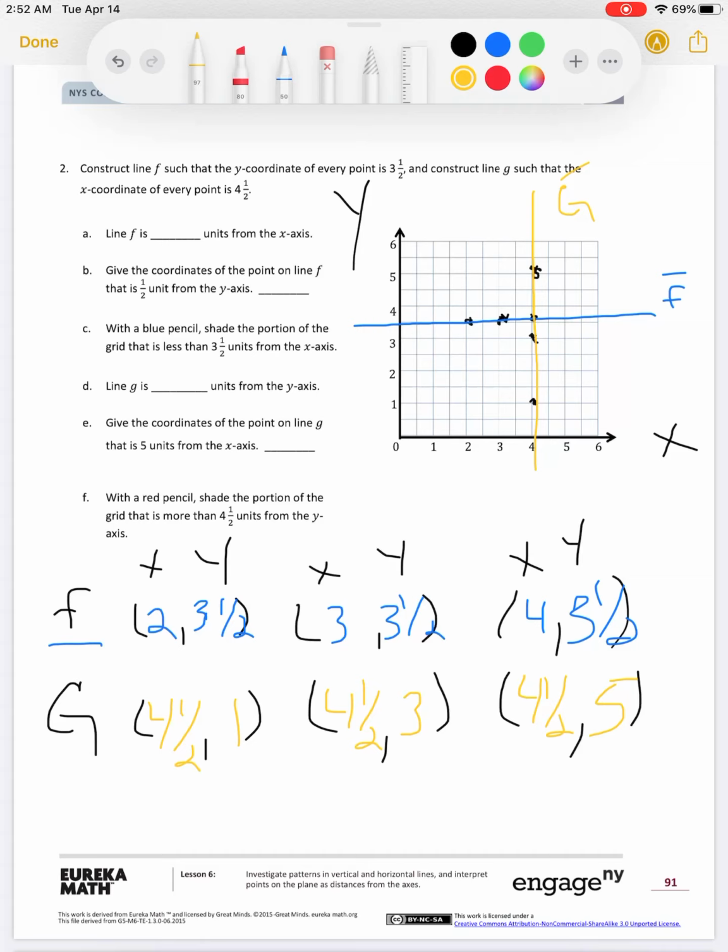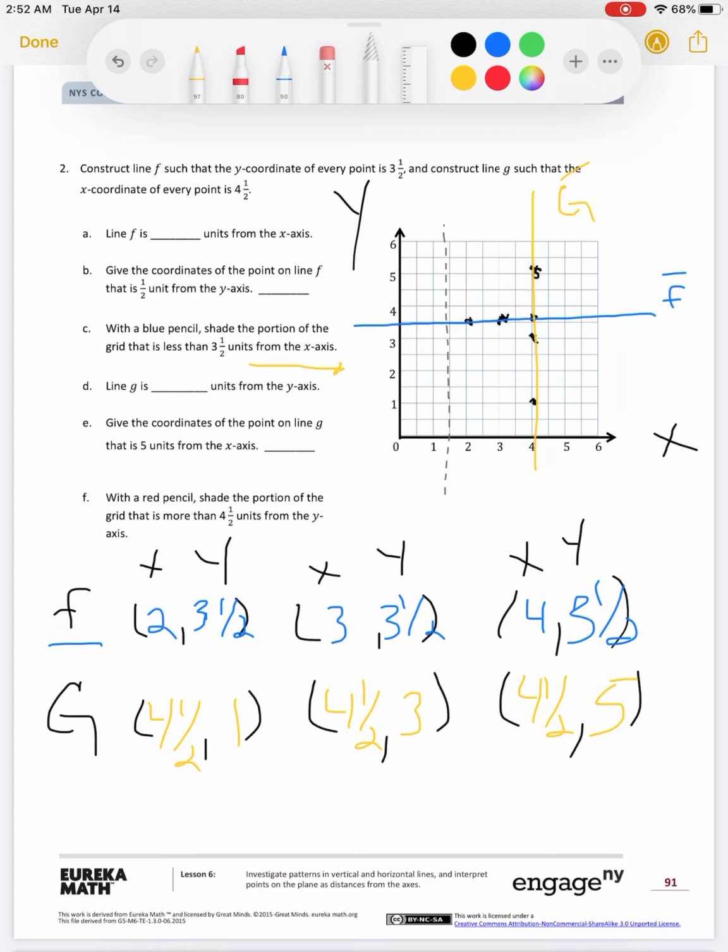With a blue pencil, shade in the portion of the grid that is less than 3.5 units from the x-axis. And some of you are going to get confused, so I want to explain this. It says from the x-axis, not on the x-axis, not at the x-axis, from the x-axis. So we want to go to our x-axis, which is here, but we're moving away from the x-axis.